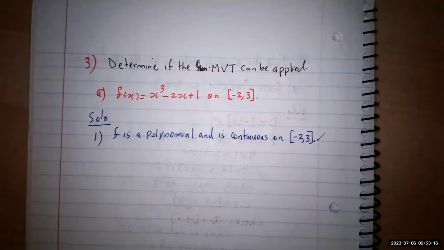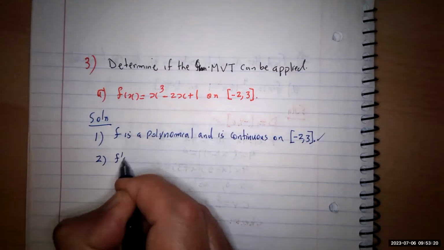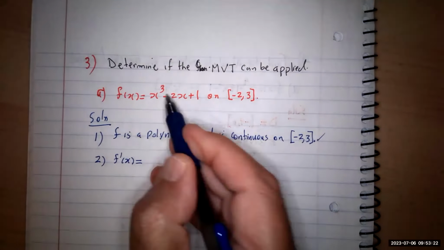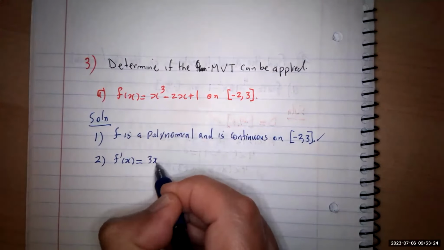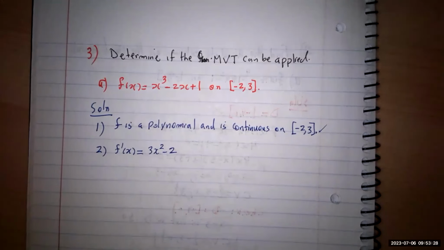Second condition, differentiability. No big deal. The derivative exists. Carefully differentiate: that's going to be 3x squared minus 2. Since you can find the derivative, it's differentiable.